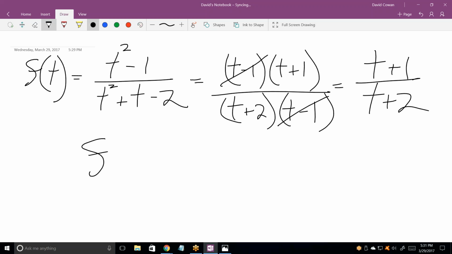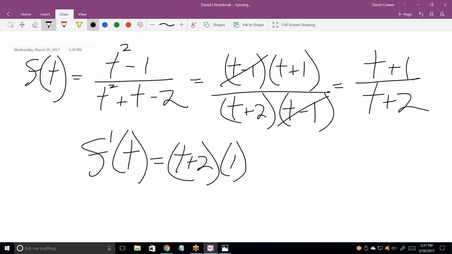So what is f prime of t going to equal? First would be the bottom and the top. So the bottom is t plus 2, times the derivative of the top, which is 1. And then the top, which will be t plus 1, minus, subtraction for sure.